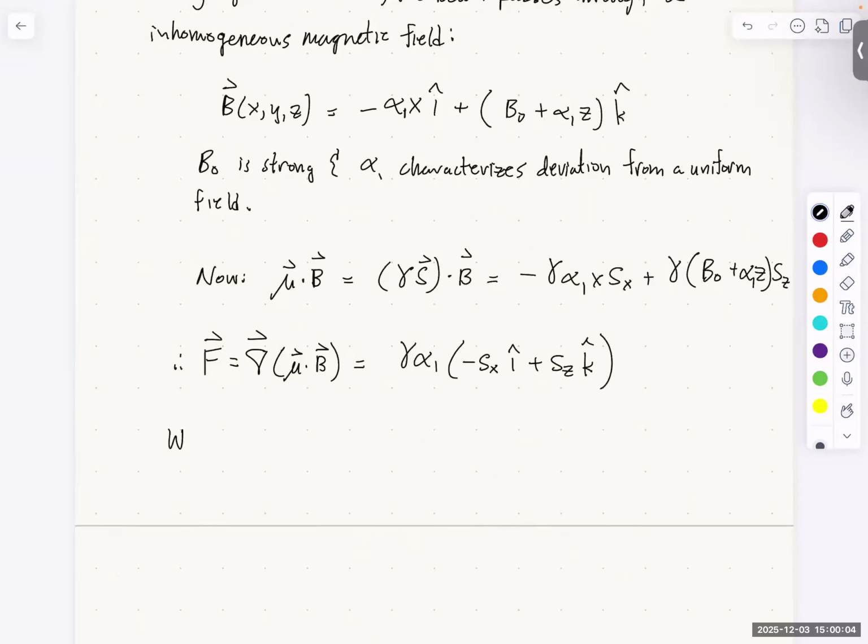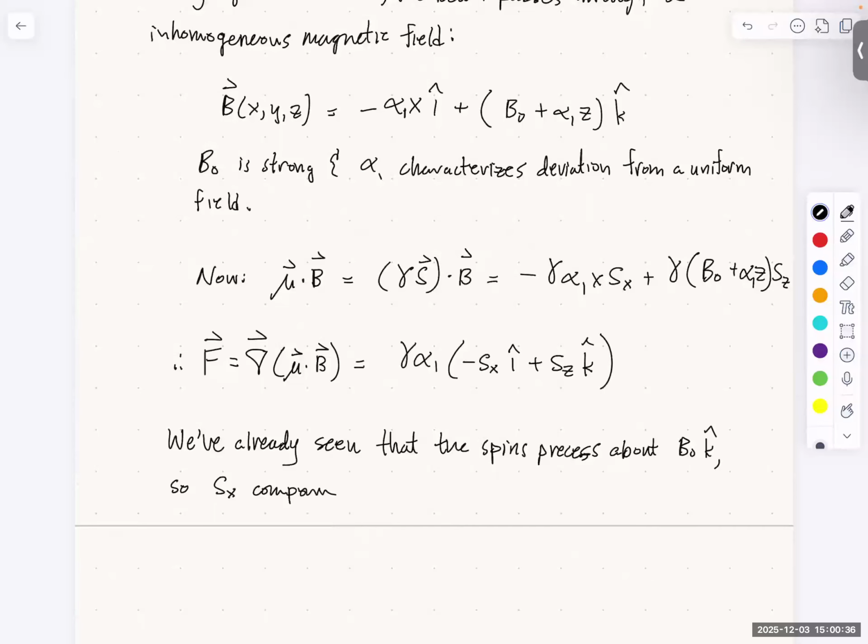So we've already seen that the spins precess about B naught k, which is the dominant direction of our magnetic field. So the Sx component of the force averages to 0.